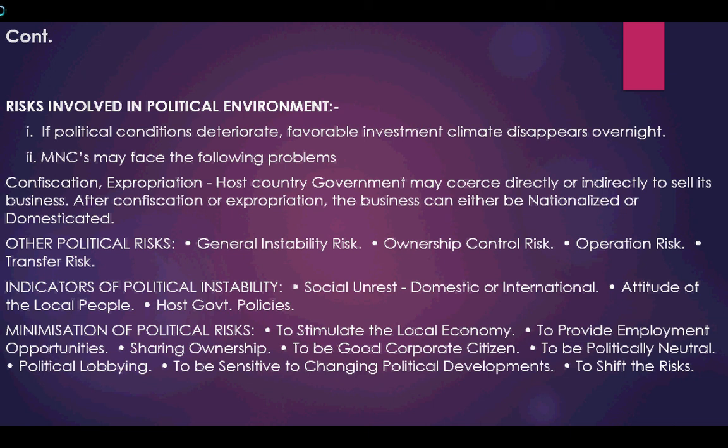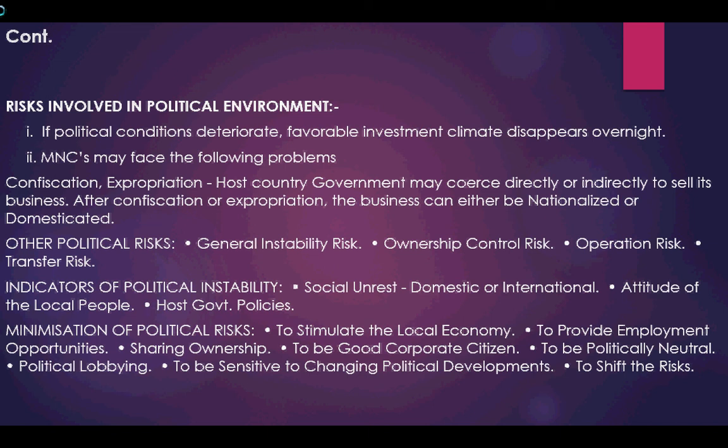Other political risks may be general instability, political instability, ownership control risk, operation risk, transfer risks. Indicators of political instability may be social unrest, domestic national attitude of local people, host government policies towards the business, towards the MNCs. How to minimize the political risks? What steps should be taken by MNCs to minimize the political risks faced in host countries?